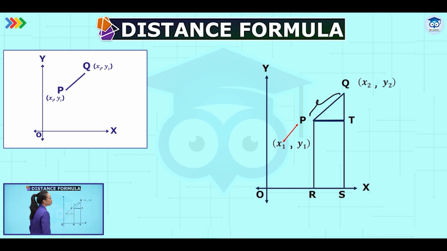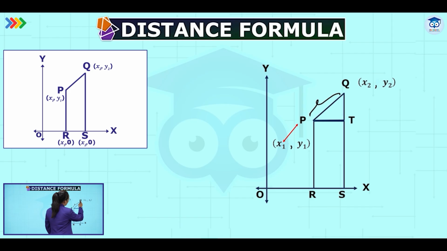How to find it? For that, we can drop a line parallel to the y-axis. Again, we can drop another line parallel to the y-axis. So these 2 lines are parallel to each other. Then we can draw a line here parallel to the x-axis. So here we can see that it forms a 90 degree angle.